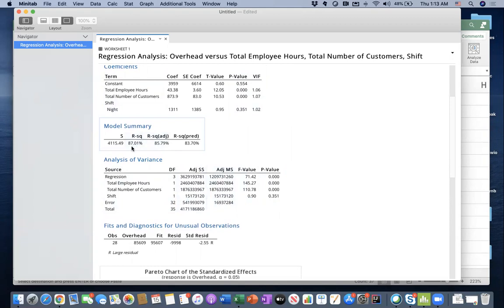The R-square value overall is 87%, and it means that by using this information, total employee hours, total number of customers, and the shift information, my multiple linear regression can explain 87% of the variance in the overhead information.